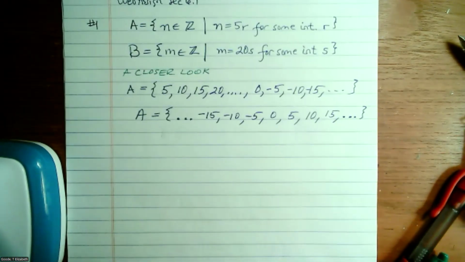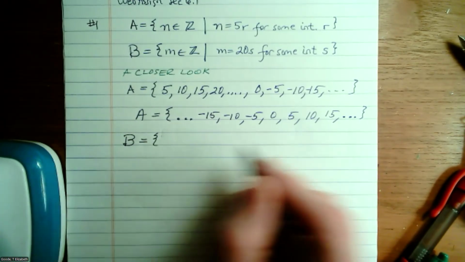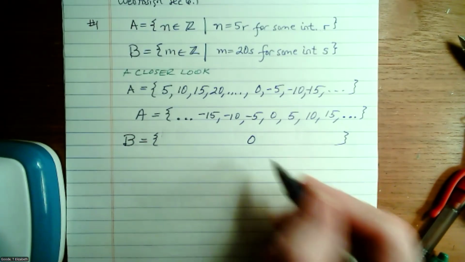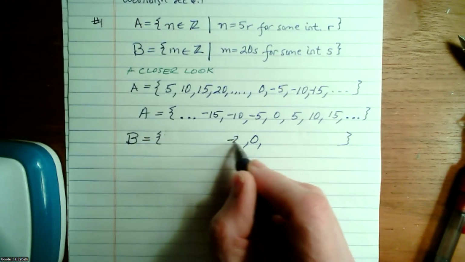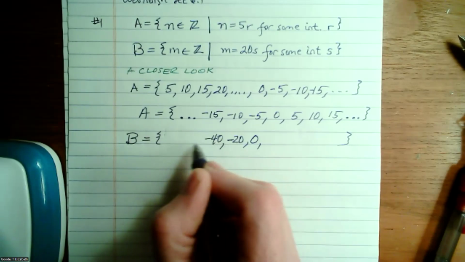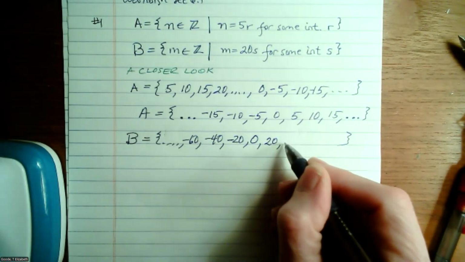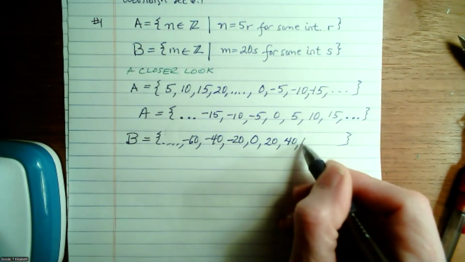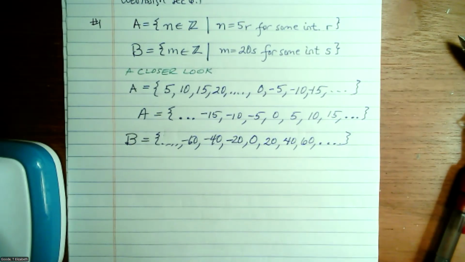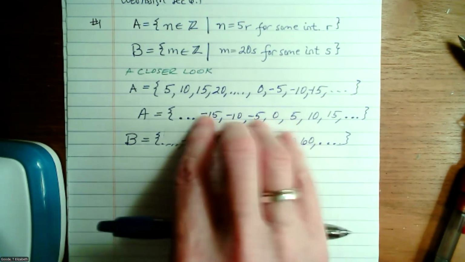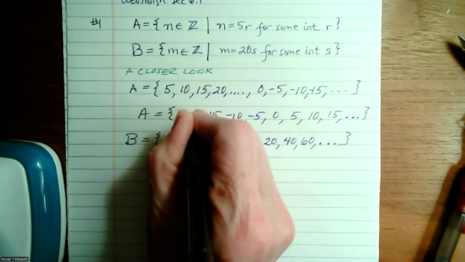Okay. Now what about B? B is multiples of 20. So maybe we'll put 0 in the middle, and then -20, -40, -60, etc., and we'd have 20, 40, 60, etc. So when in doubt, push pencil, because there's a big difference between these and these. -20 is going to be in here, right?